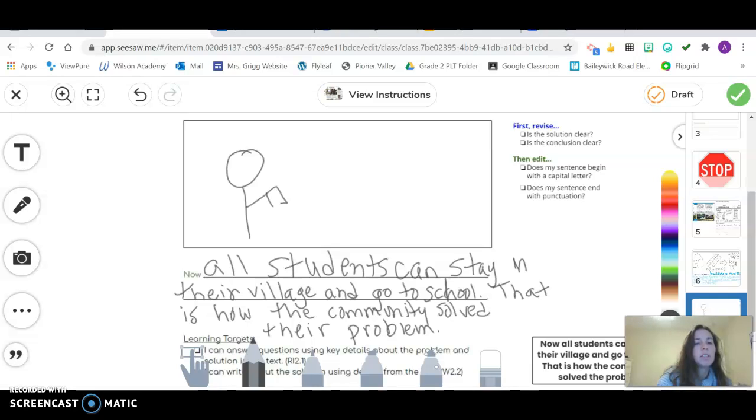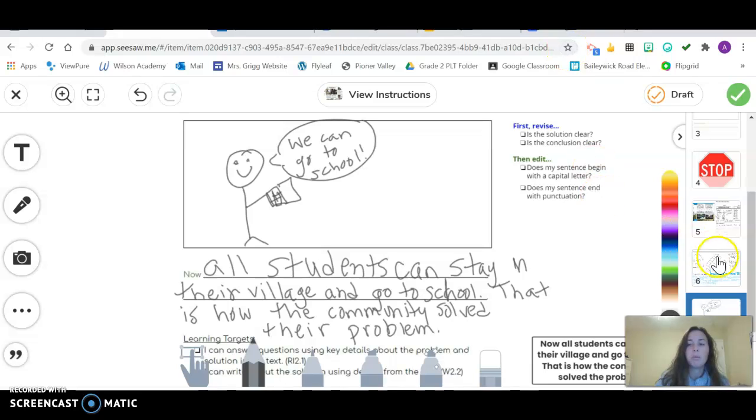Here's a kid with a computer, and a speech bubble that says, "We can go to school." With an exclamation mark, because I think he's super excited about that.